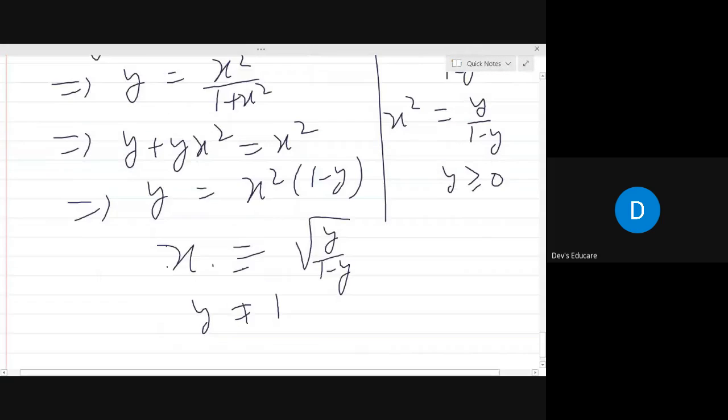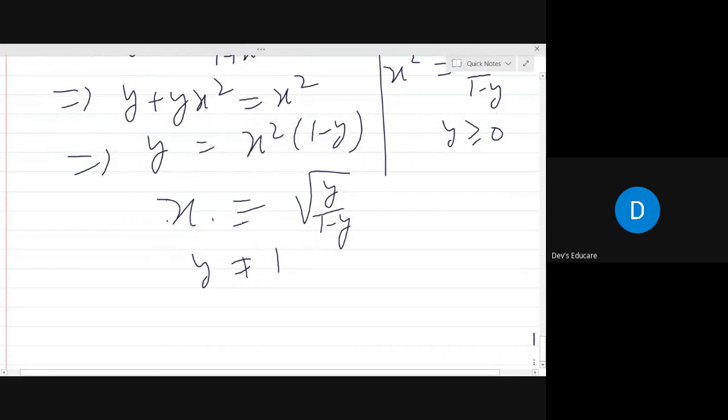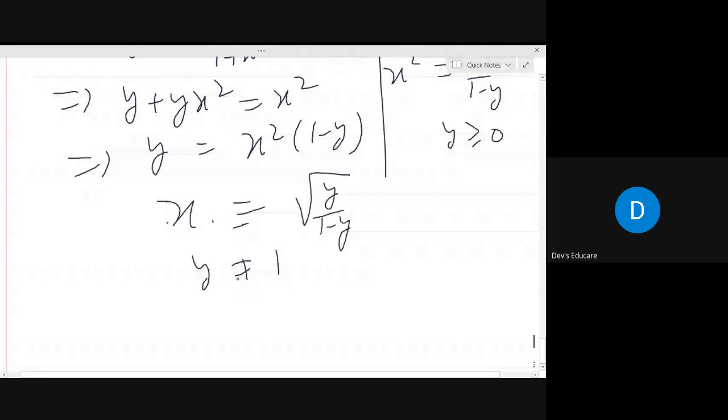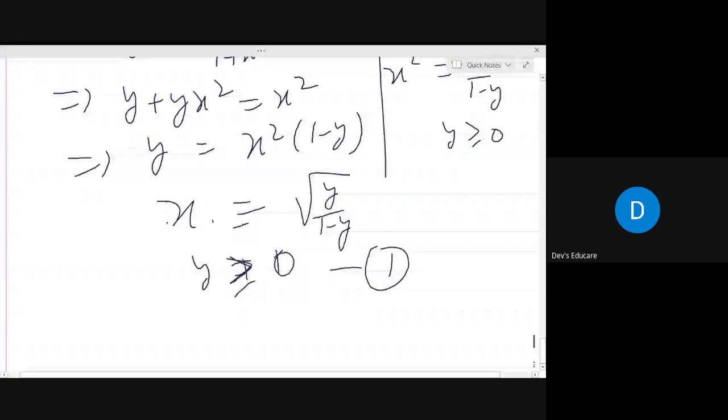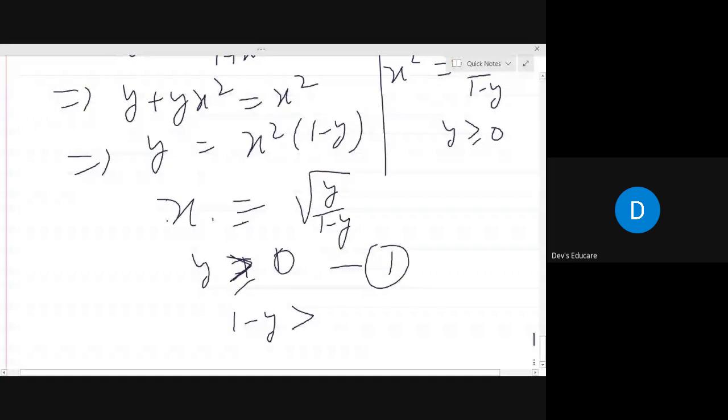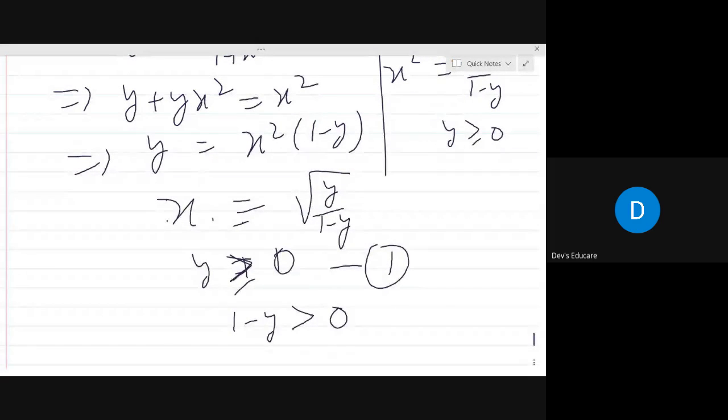From here we can conclude y is greater than or equal to 0, first one, and from the denominator we have 1 − y greater than 0. Why 1 − y greater than 0? It cannot be equal to 0 because it is in the denominator. It cannot be less than 0 because it is under the square root.